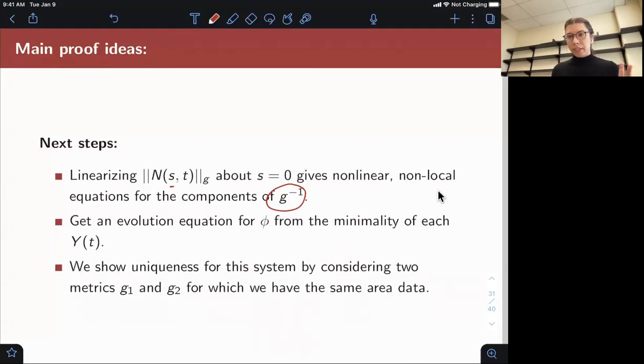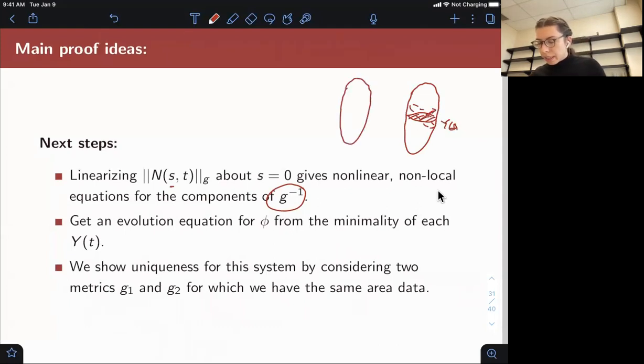Fine, but here I get two equations from doing, say, two perturbations. So let me look at the regime that I did before. I have my minimal surface that sits here, let's say y of t, and I can tilt it in one direction and get an equation for one direction of the components. And I can do the same thing again.